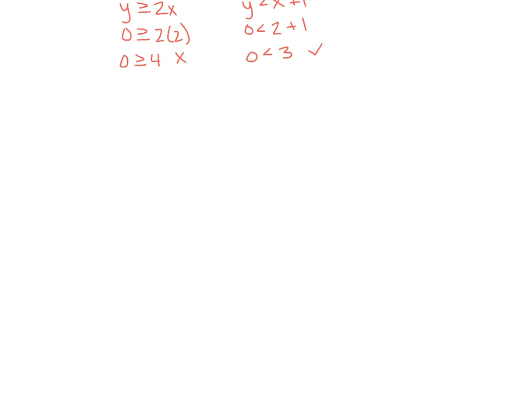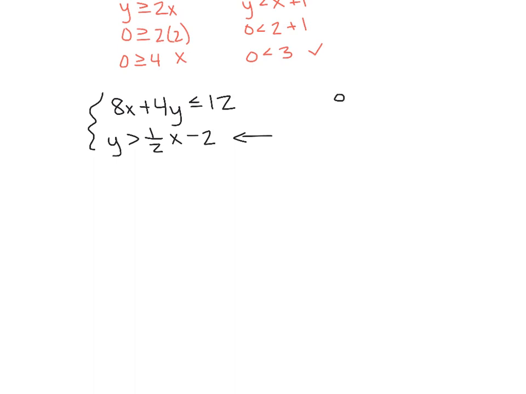So the inequalities they give us are 8x plus 4y is less than or equal to 12, and the second one is y is greater than 1/2 x minus 2. And just like yesterday in the little tip I gave you, you need to have both inequalities with y on the left side by themselves. The second one down here has that done for you.